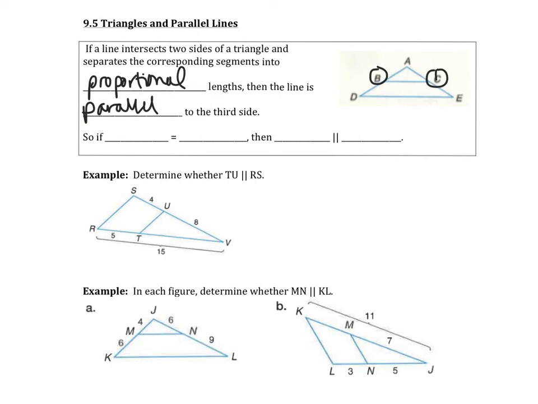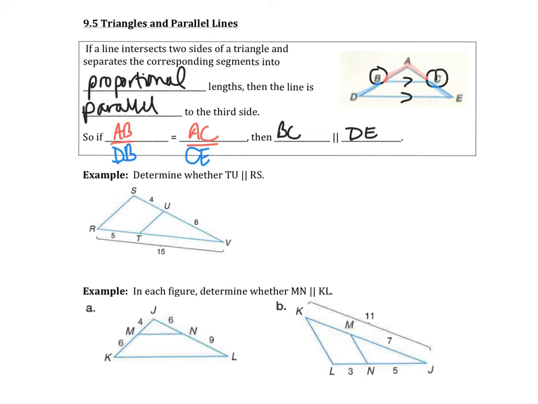So in this particular triangle, let me go back to my pen, if AB is proportional to DB, and that is equal to the proportion of AC over CE, right here, again, that's what we talked about yesterday, then our two lines right here, BC, is parallel to DE.